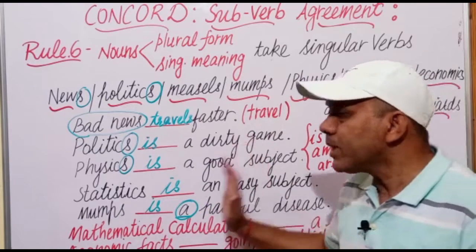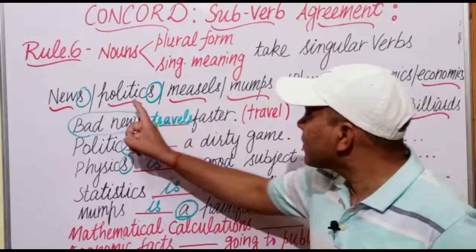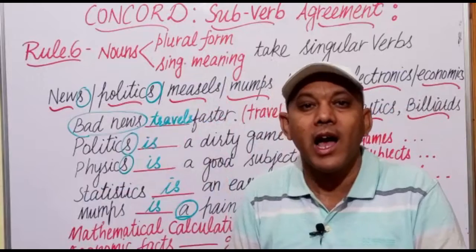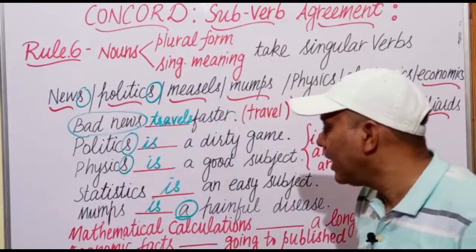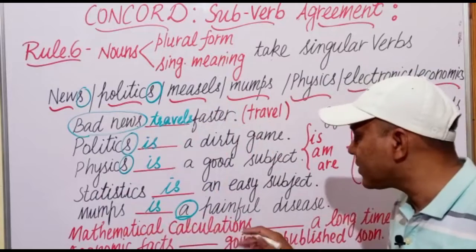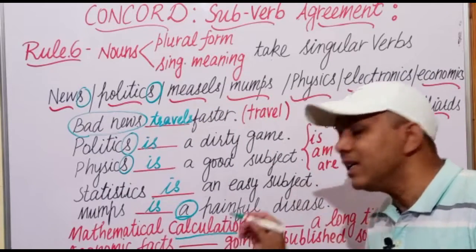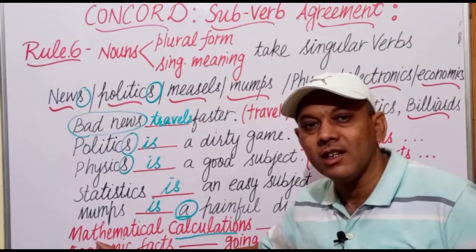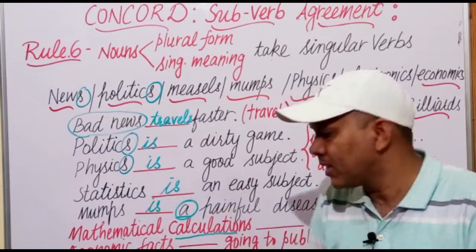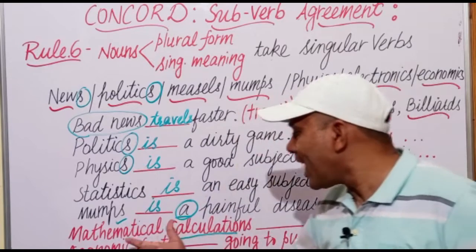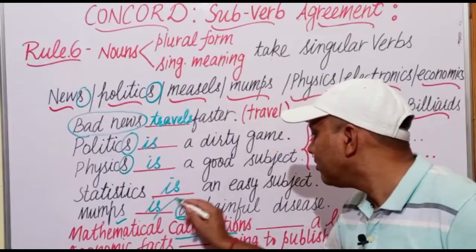But in some cases, when the same words are used in a different way as an adjective, for example, mathematical calculations. Here calculations is the true subject in this sentence, not the mathematical. So don't be confused. Here this word mathematical is acting as an adjective to this noun.